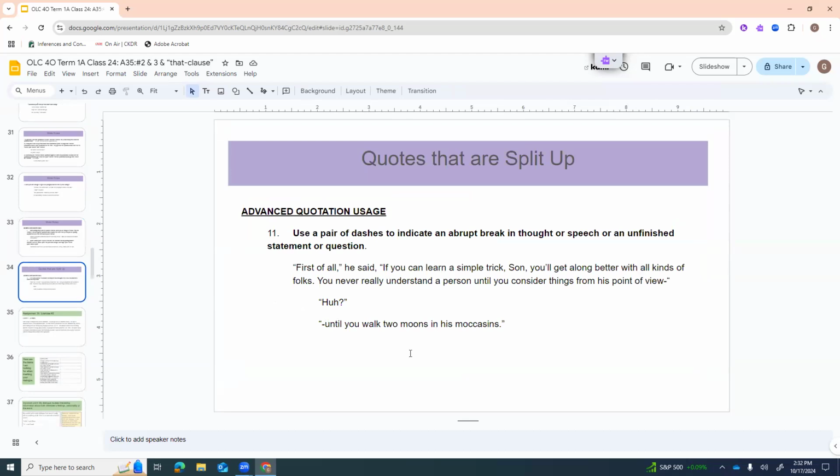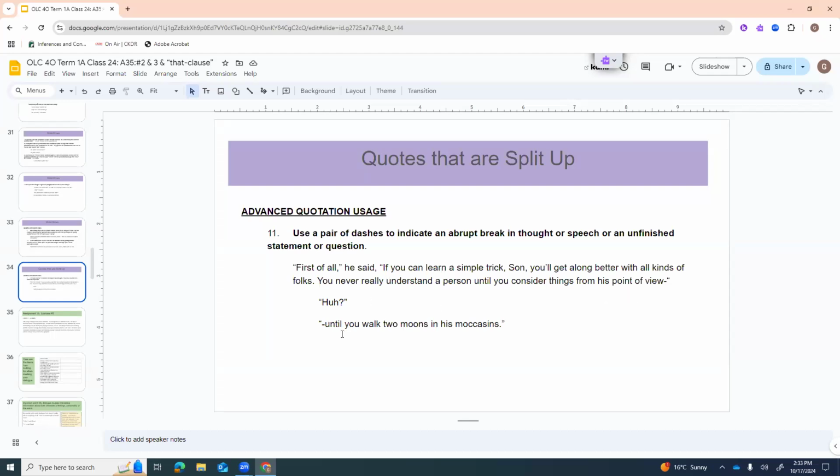And lastly, number 11, use a pair of dashes to indicate an abrupt break in thought or speech or an unfinished statement or question. This is if you have people talking and one person is interrupting the other person, you show that by using a dash. So here we've got, first of all, he said, "If you can learn a simple trick, son, you'll get along better with all kinds of folks. You never really understand a person until you consider things from his point of view."